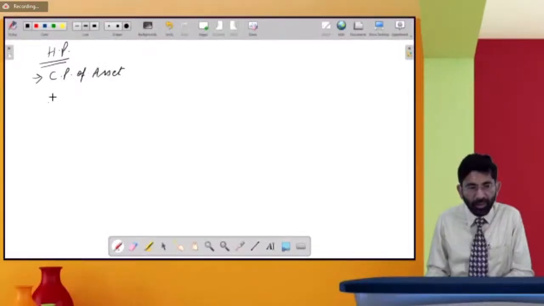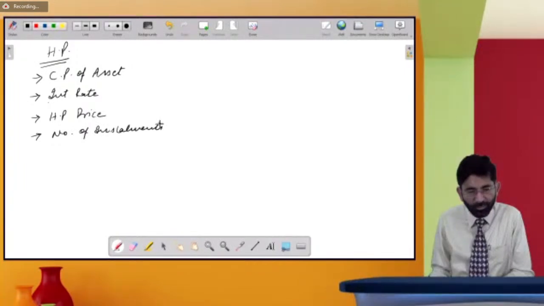In hire purchase, which type of information is required? To solve any question, we need the cash price of the asset, the interest rate on it, the HP amount, that is the hire purchase price of the asset, and the number of installments.